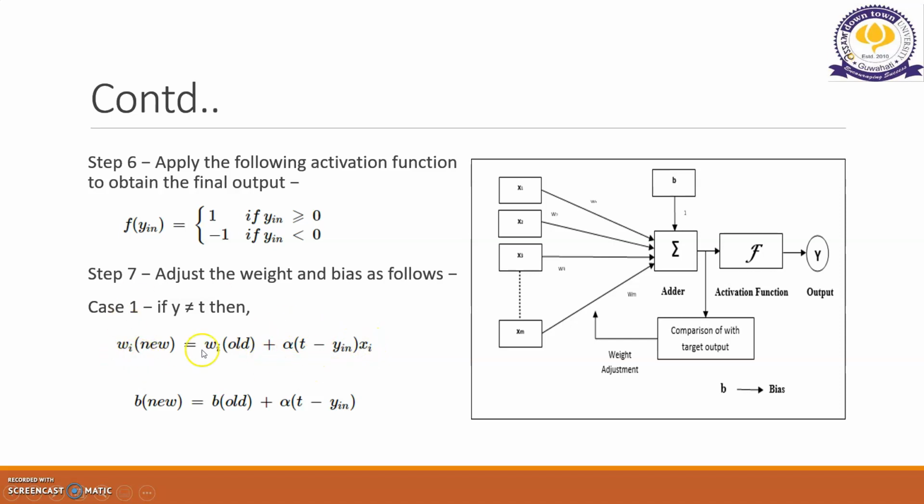So your new weight will be your old weight plus this portion. This particular term, t minus yin, is specific to the delta rule. That means you calculate the error by finding the difference between the target output and the calculated output. Accordingly, the new updated bias will be your old bias plus your error times the learning rate.